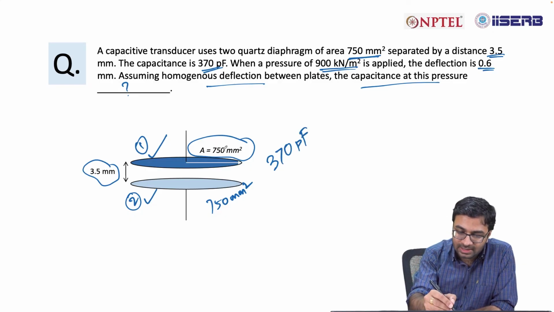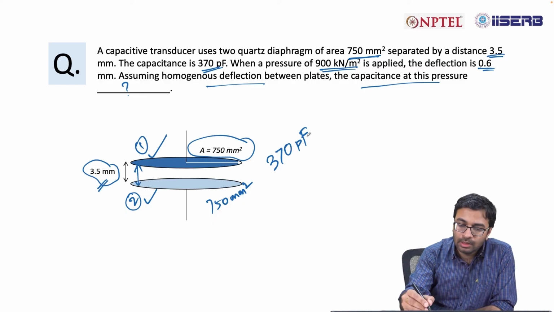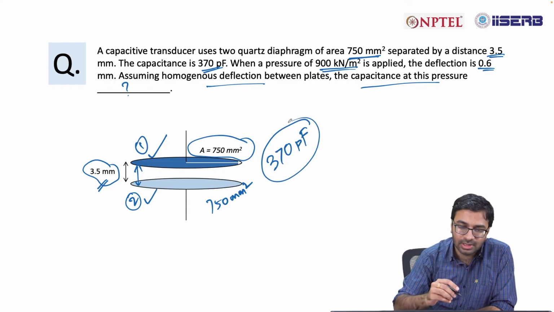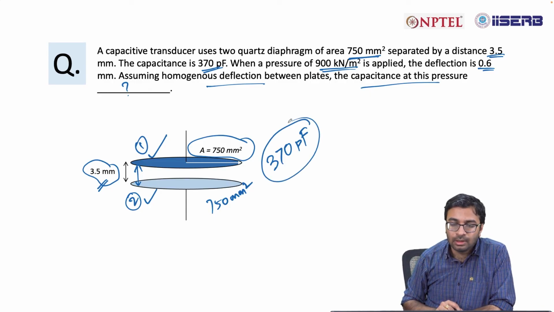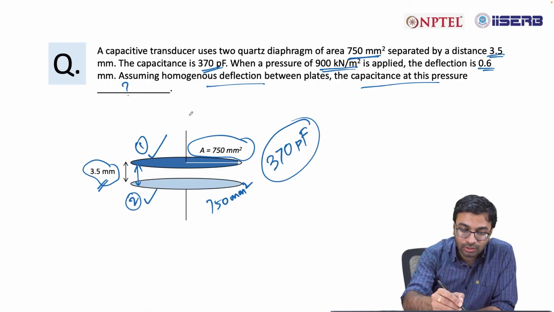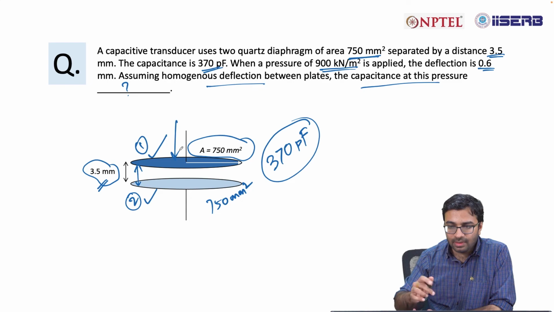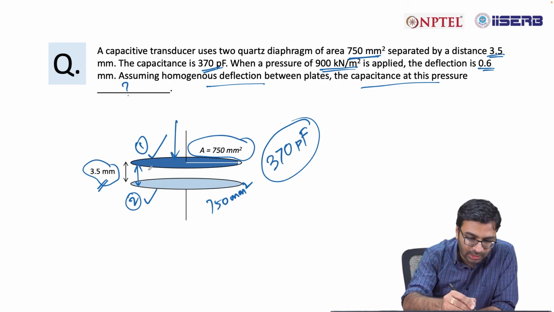So, when the area is 750 mm square, when the separation here is 3.5 mm, the capacitance value is 370 picofarad. Now, when 900 kilonewton per meter square pressure is applied, say in one diaphragm, then the deflection is 0.6 mm. So, it comes down by say 0.6 mm.